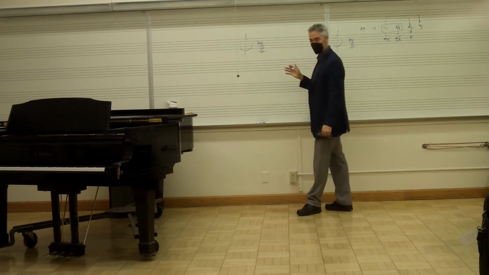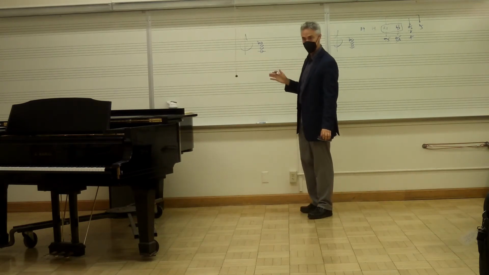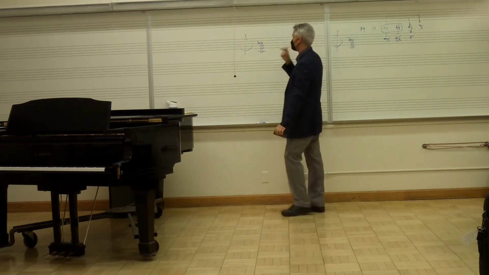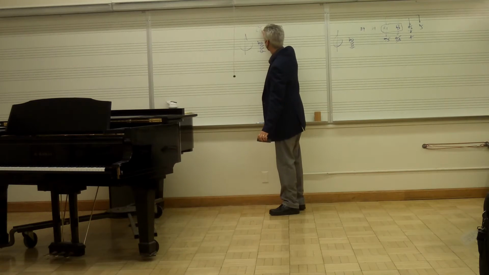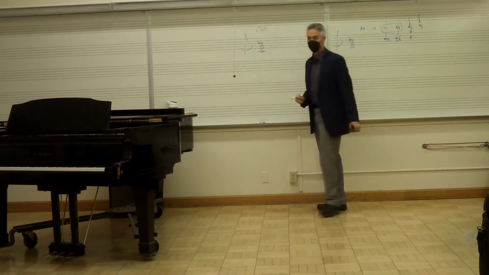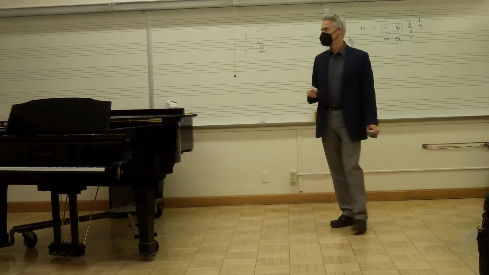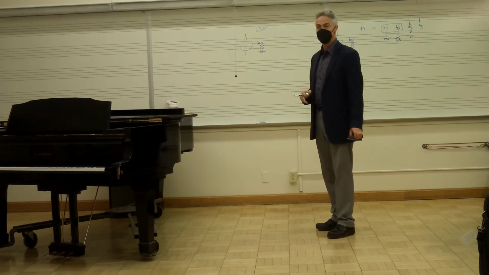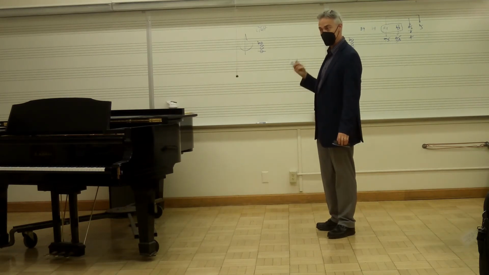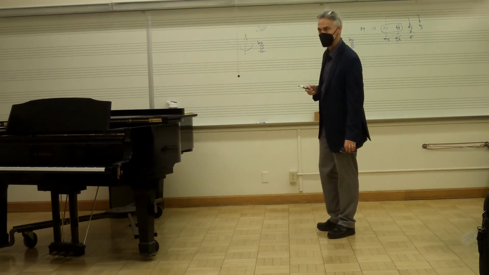Anytime you have a sharp 5, you're gonna have a flat 5, and vice versa. So, anytime you see C7 alt, that's simply shorthand for C7 with flat 9, sharp 9, flat 5, sharp 5.